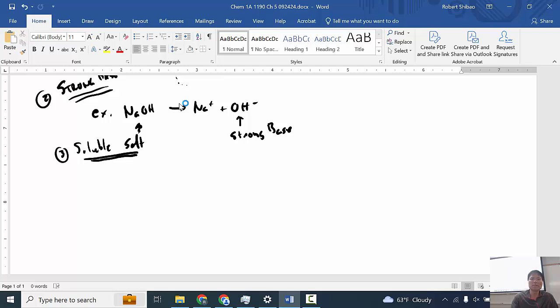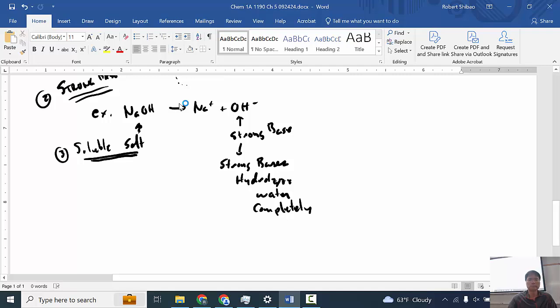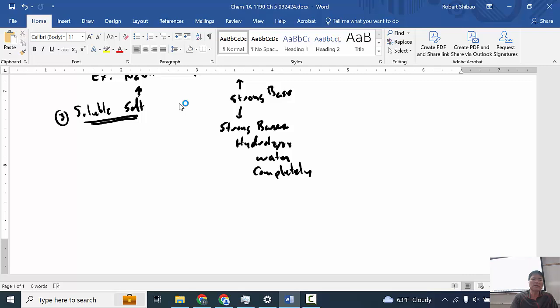And what strong bases do is this. Strong bases hydrolyze water completely. When I say hydrolysis of water, hydrolyzed water just means it breaks apart the water. So we have hydroxide reacting with water.